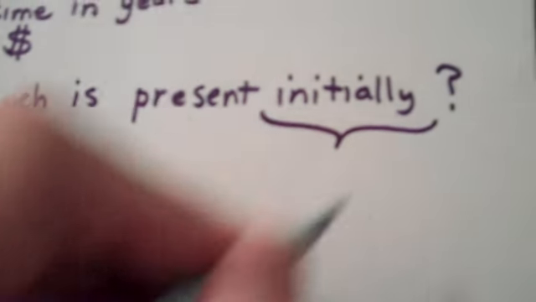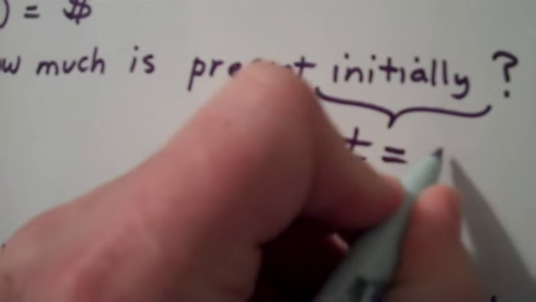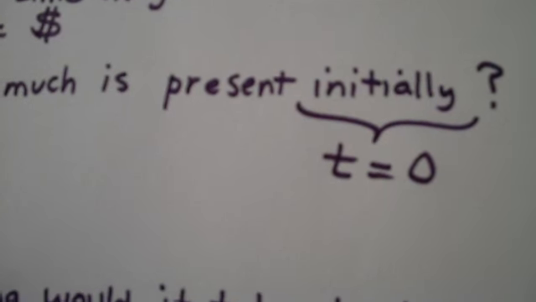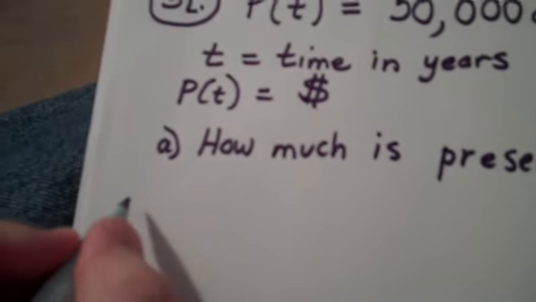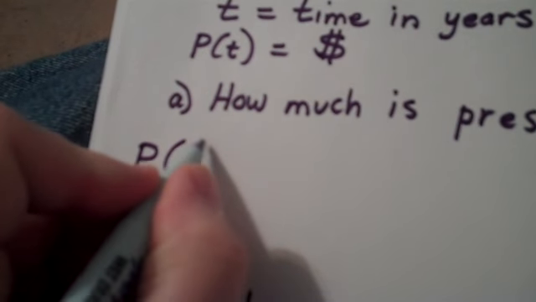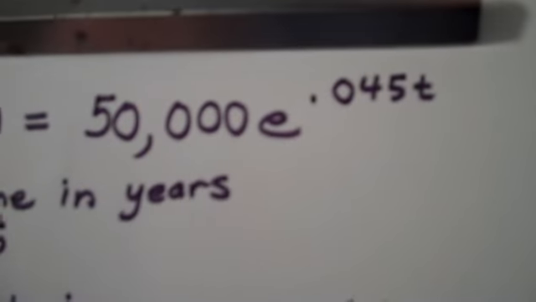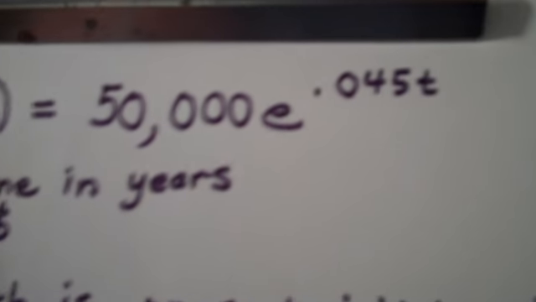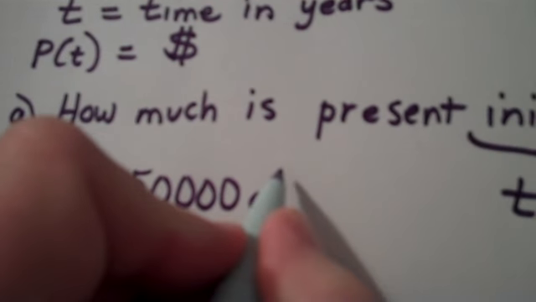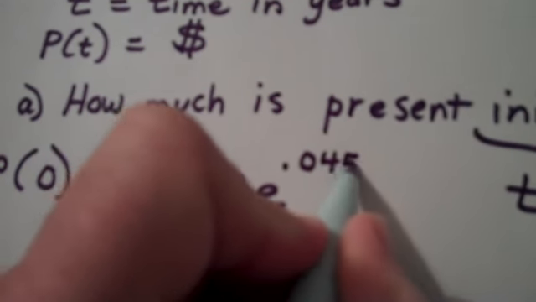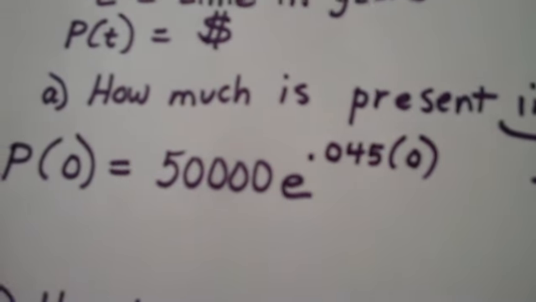Now, what I always teach my students, anytime you see initially, you're at the beginning of an experiment, or in this case, you're at the beginning of time. So time is 0. So to answer that question, I'm going to find p of 0, which means I'm going to use this function, 50,000 e to the 0.045 times 0 power.